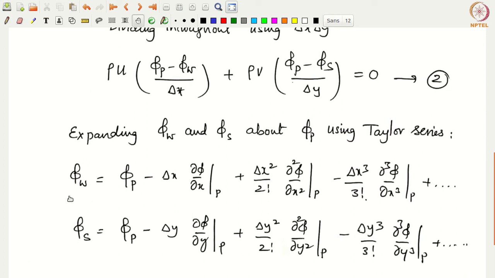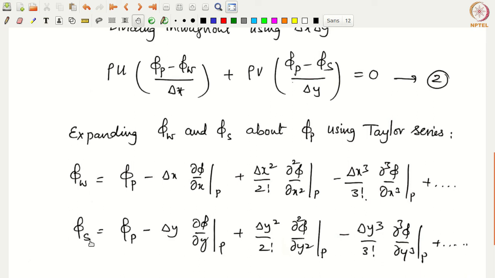That is the expansion for phi W. Similarly, phi S can be written in terms of phi P, being in the delta y direction to the south of location P, right?